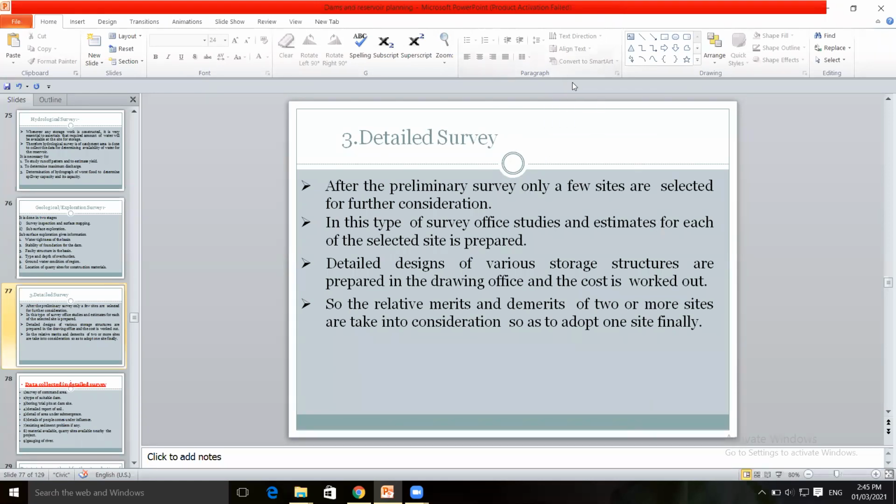In that, major drawings are prepared, including the submission drawing. The detailed design of that dam structure is made, and the cost required for completion of the project is worked out. Estimating is done.